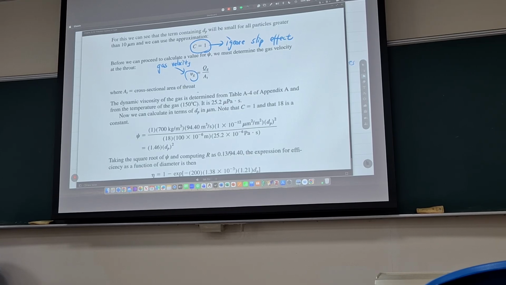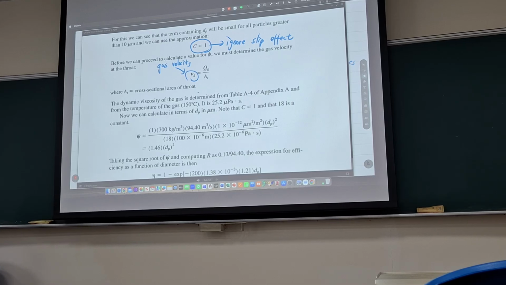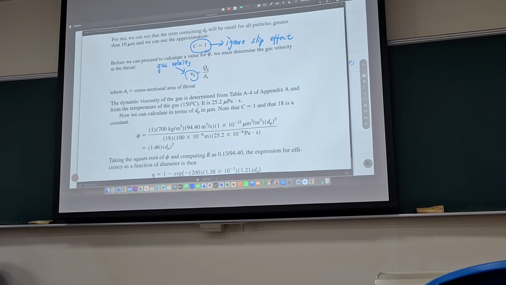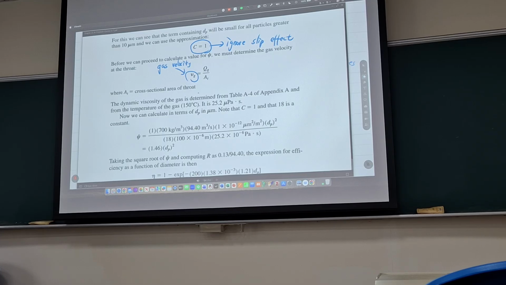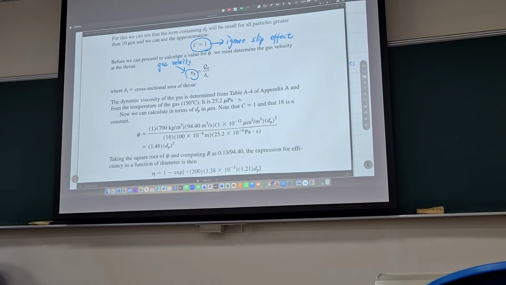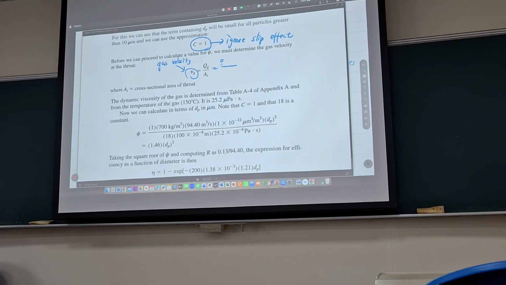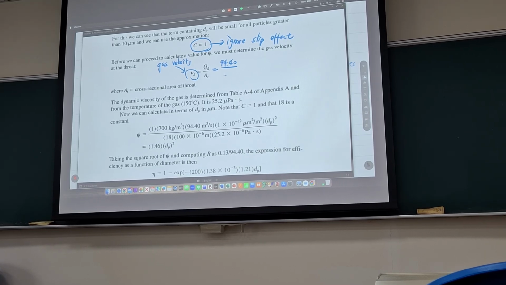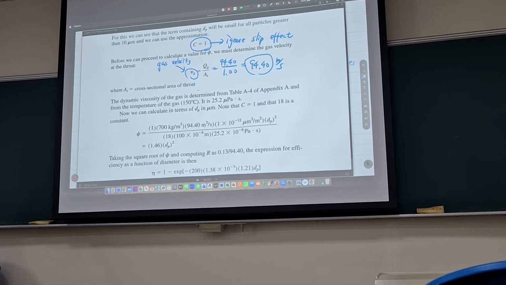The gas velocity equals QG over AT, so VG is 94.40 over 1.00, which is 94.40 meter per second. This is a very high gas velocity, but it is reasonable.